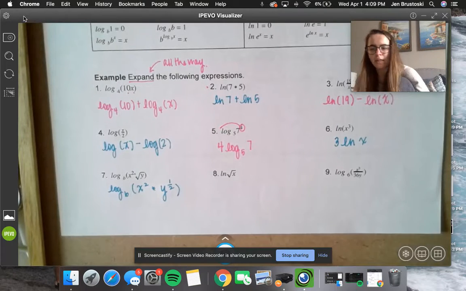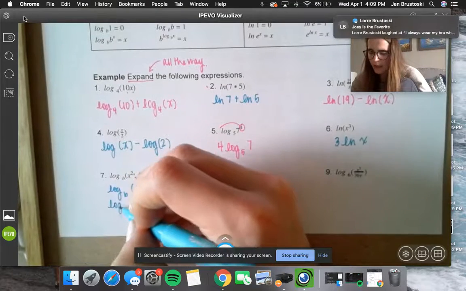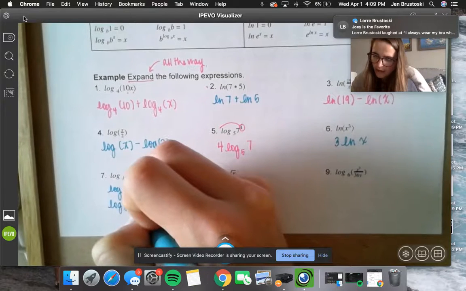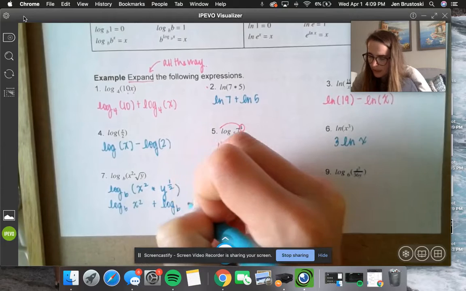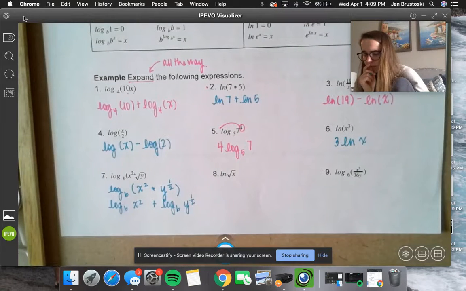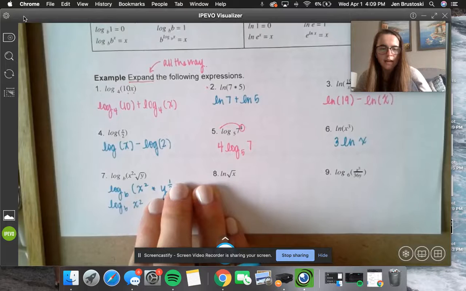Let's go ahead and split that. So I have multiplication. Let's undo that multiplication by making it log base b of x squared plus log base b of y to the 1/2. All right, looking at just this side, you'll see that I have that exponent there.